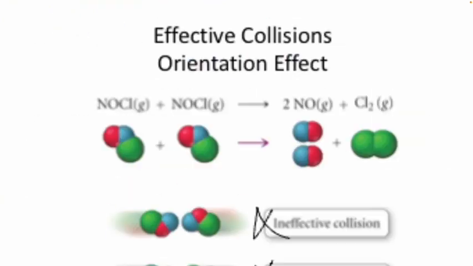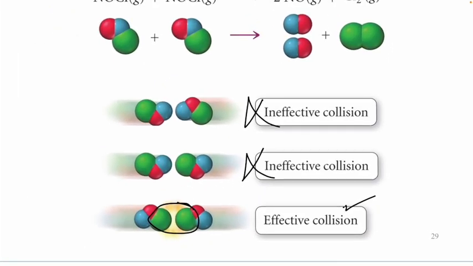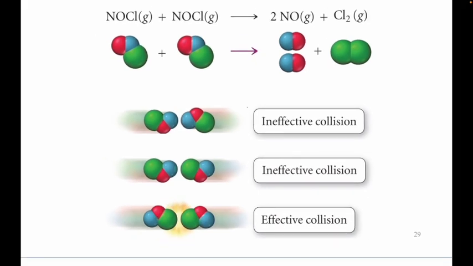Well, it turns out that not every time a reactant collides with another reactant, it actually turns into product. Sometimes the orientation at which these reactants collide is very important. If they hit like this, there's no reaction. If they hit like this, there is a reaction. All right, so the way in which molecules collide, not every collision is going to be an effective collision, is going to lead to product.